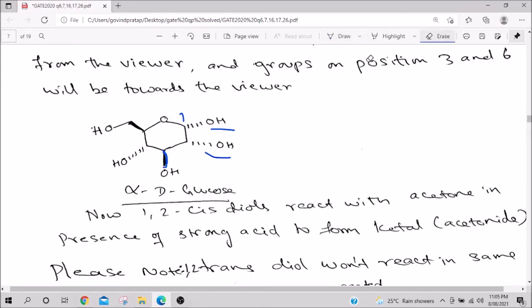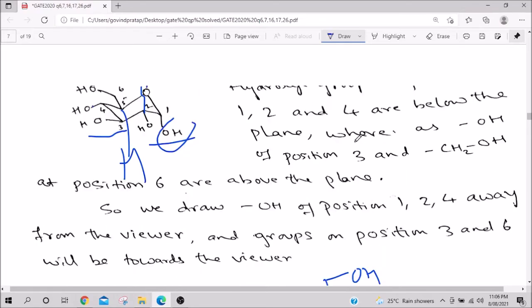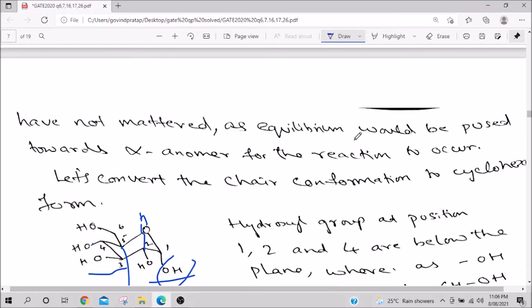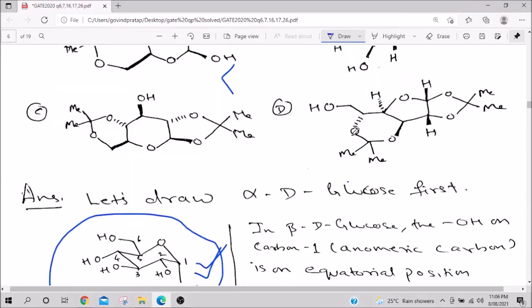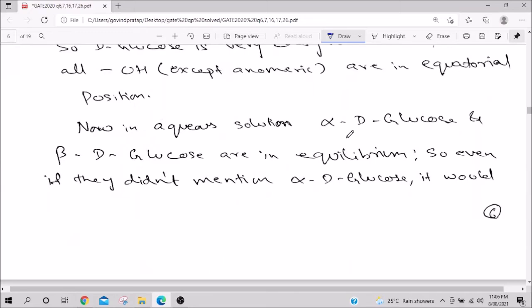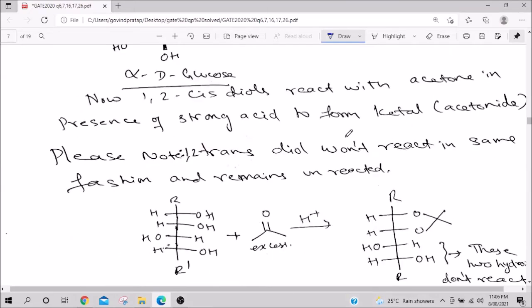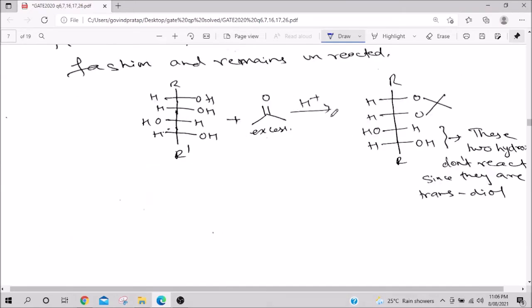Now for the acetal formation we need a 1,2 diol, very important, you need a diol on adjacent carbons, next to each other. And not only that, we need a cis diol. I think I have drawn it here, I will show you. See, imagine something like this.